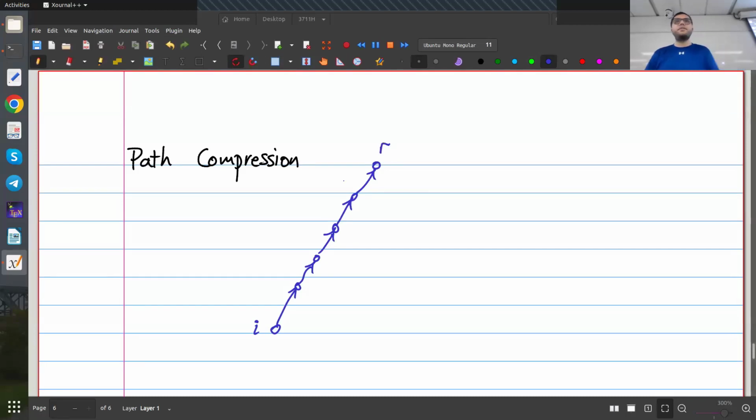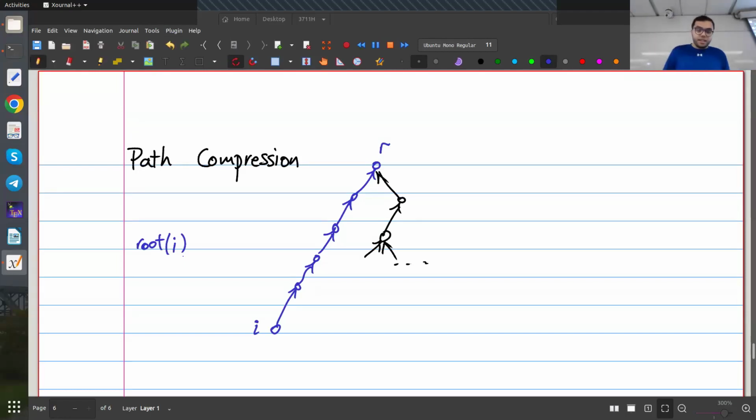I reach R, right? And of course, there is a lot of other things going on here as well. I don't know what else I have in my tree. When I'm doing one root operation, when I'm doing root(i), all I'm seeing is vertex i and all of its ancestors until I reach the root.